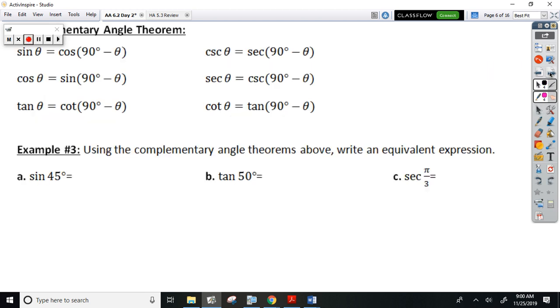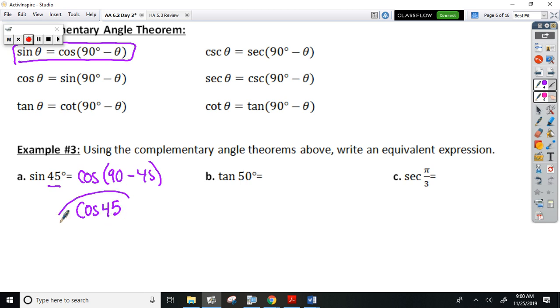So again, just practicing using these theorems to rewrite in equivalent forms. The sine of 45, we'll use this formula, would be equal to the cosine of 90 minus that 45. Which you don't have to show the work for this. Many of you will just do this in your head, but you would get cosine of 45.